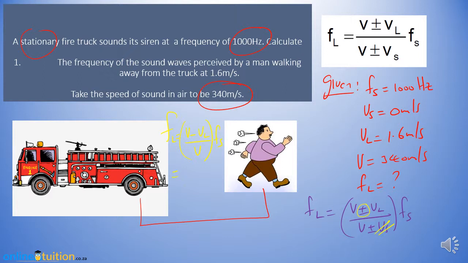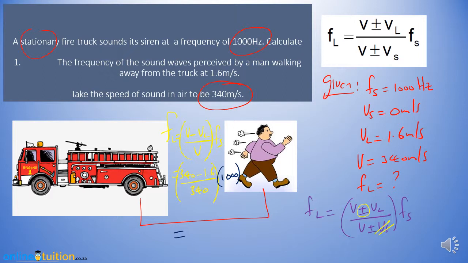Let's put in some numbers. So we're going to get 340 minus 1.6, divided by 340. And what was the frequency of the source? Let's change the color to this beautiful blue, 1000, and let's see what that comes up to. We know that it must be minus 1.6.